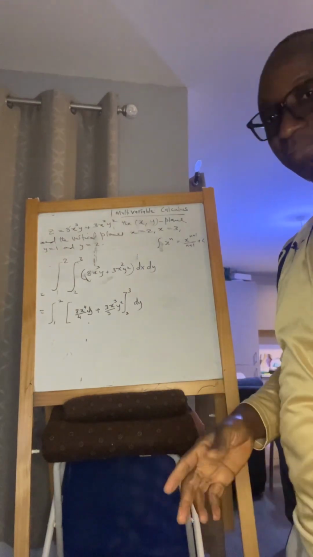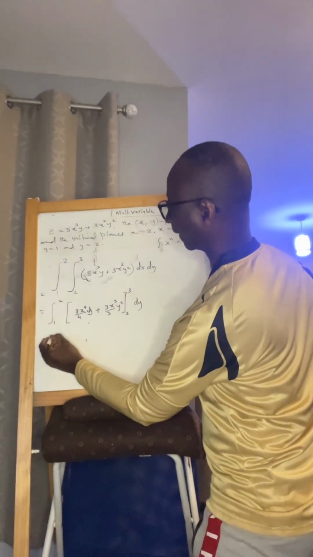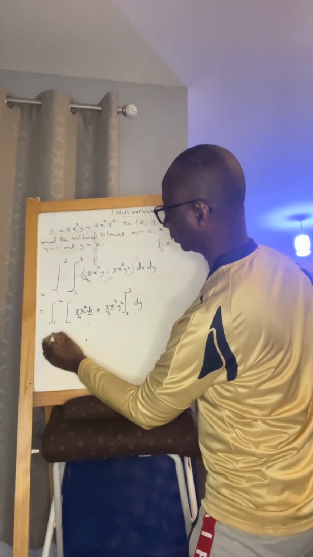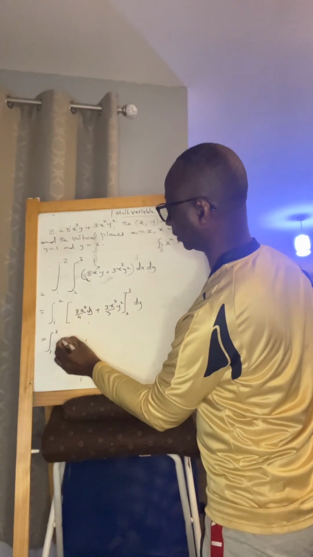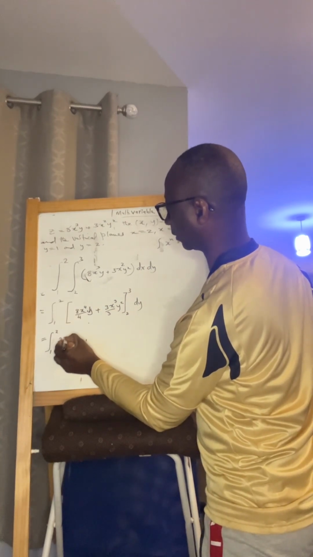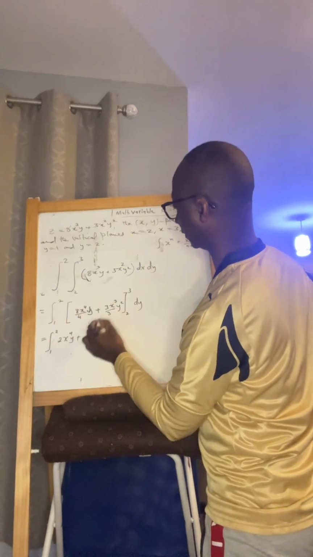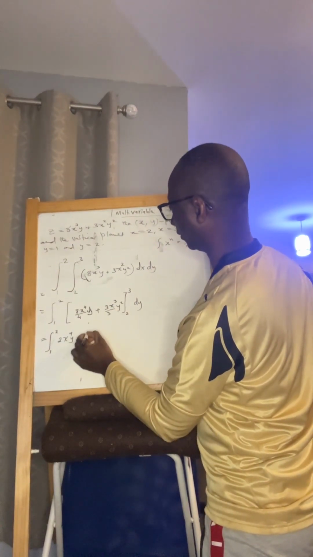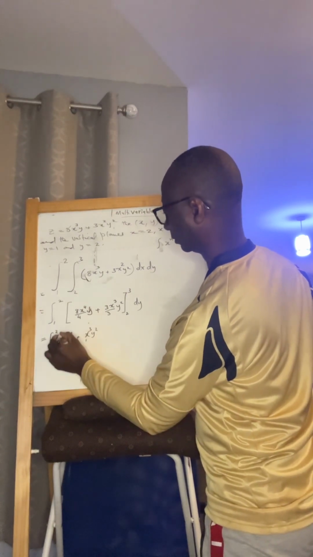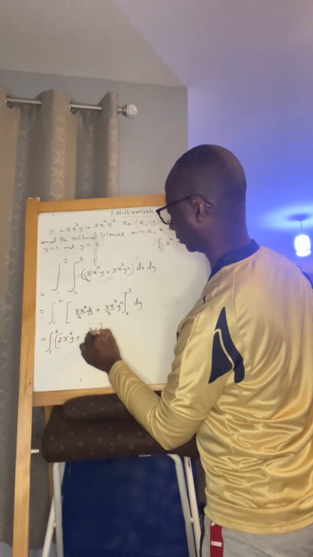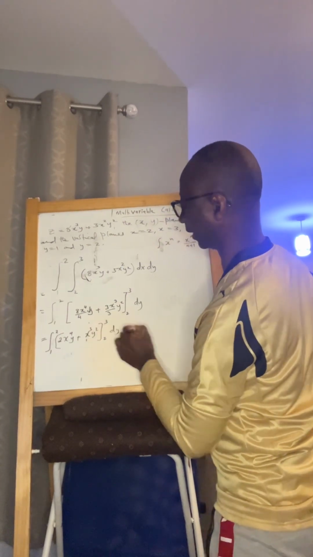So now we're going to simplify what we have done here. This is 1 to 2. You now have 4 can go into this. 2 to the power of 4y plus 3 cancel each other, 3. So we're having x cubed y squared to 3 dy.